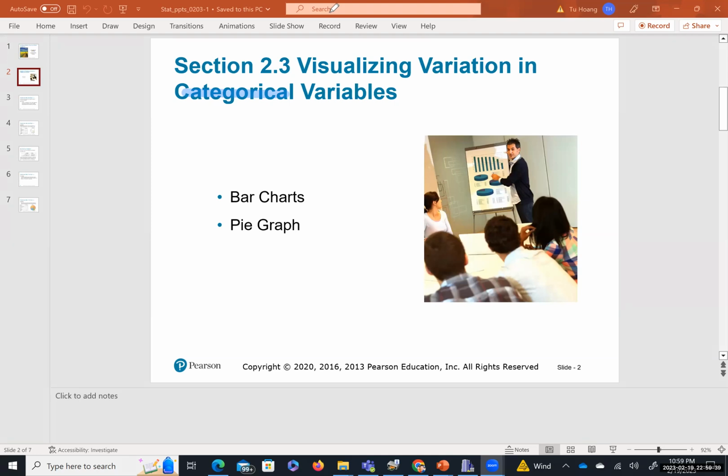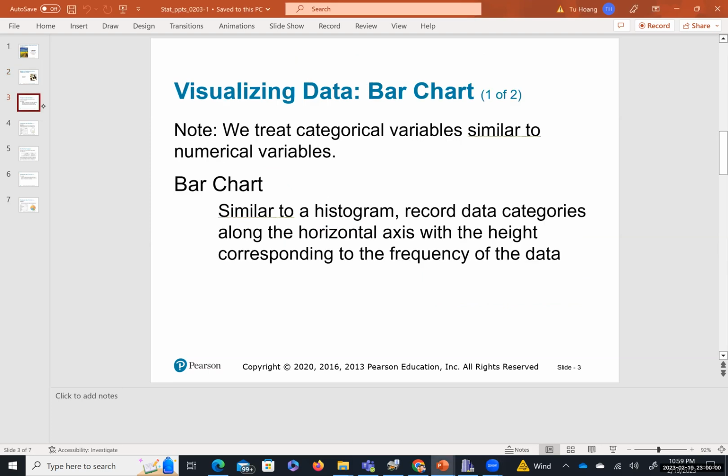And for categorical variables, mainly in this course, we're going to use two ways. One is using bar charts, and another one is pie graph to visualize. All right, so let's move to the next slide.